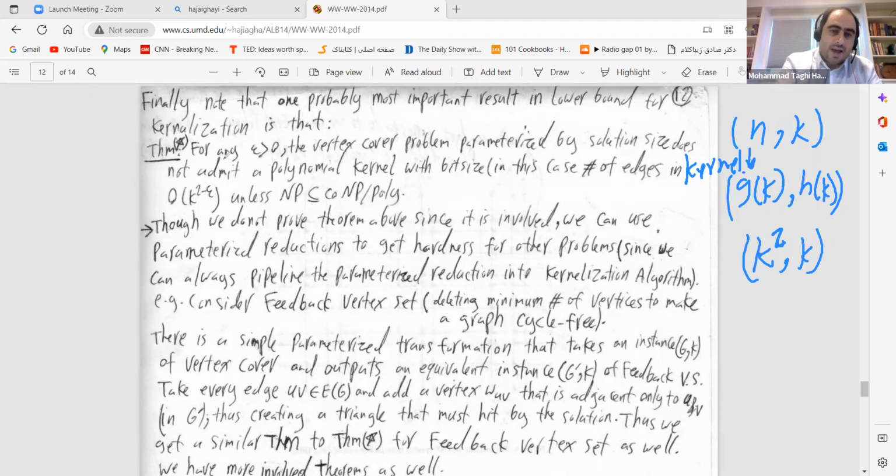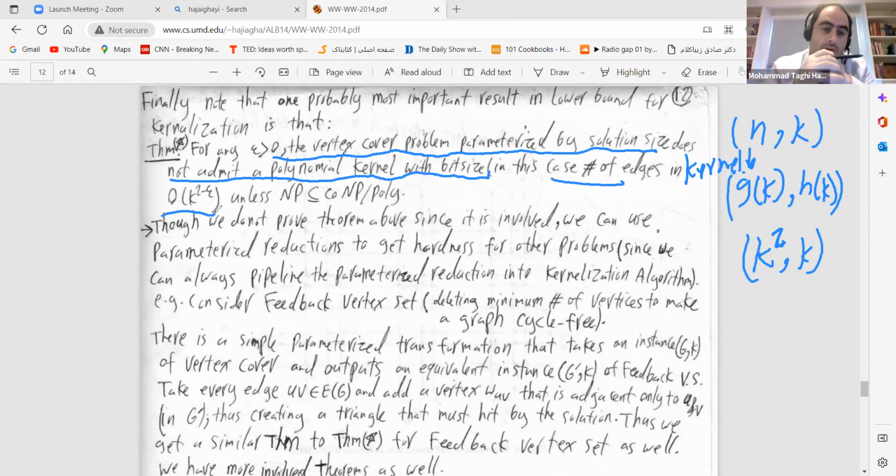Interestingly, this is the result that we have for kernelization: for any epsilon greater than 0, the vertex cover problem parameterized by the solution size does not admit a polynomial kernel of bit size, in terms of number of edges, of order k to the 2 minus epsilon. What we have seen for vertex cover, k squared edges with the parameter k the same, was essentially the best we could get.